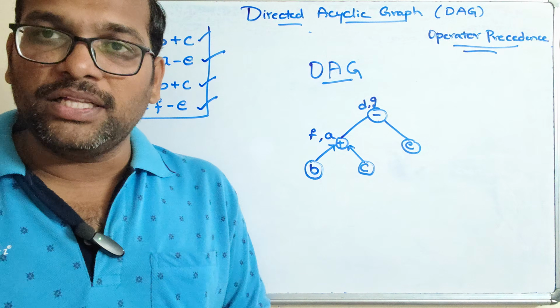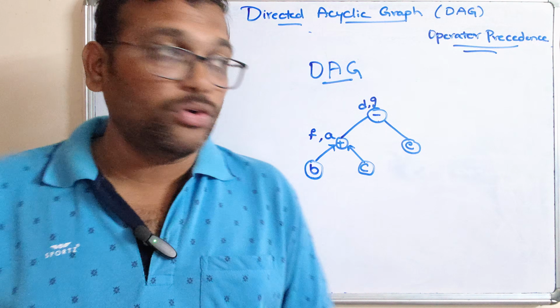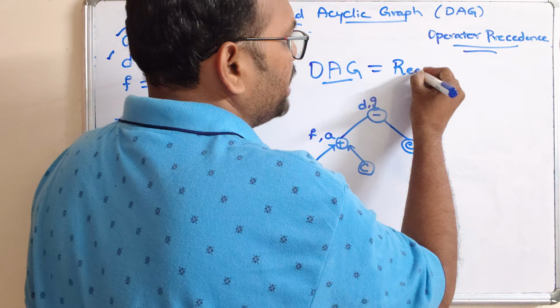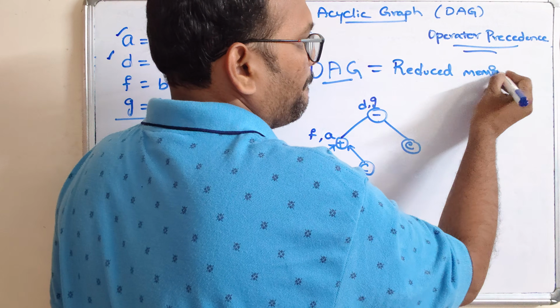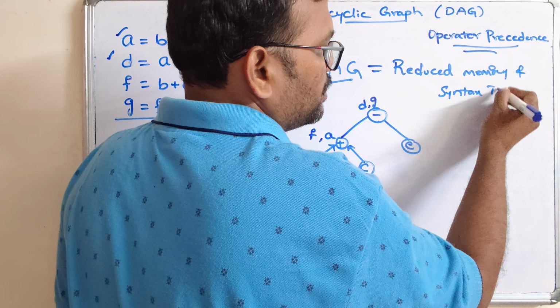If you draw the syntax tree for every expression, it needs more memory. That's why we call the DAG a reduced-memory syntax tree.